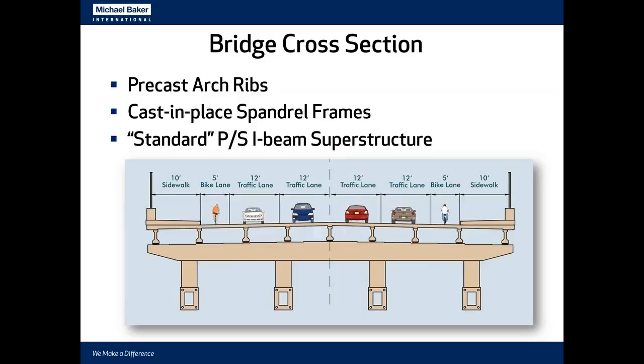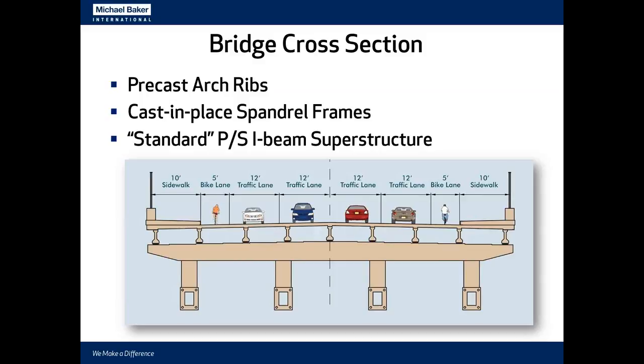Well, here's the cross-section of the bridge. Like the original structure, there are four arch ribs. The difference here, though, is these arch ribs in the replacement structure are precast concrete rather than cast in place. Due to the vertical curve on the bridge, all of the spandrel columns are slightly different heights.